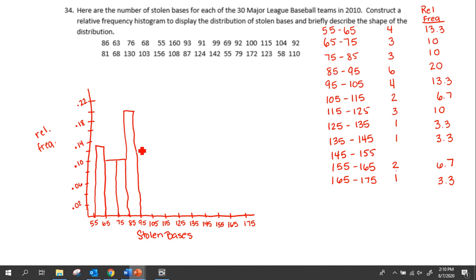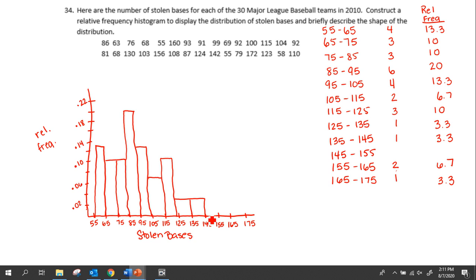For 95 to 105, I'm back to 13.3%. For 105 to 115, I have 6.7%. For 115 to 125, I have 10%. For 125 to 135 and 135 to 145, I have 3.3%.